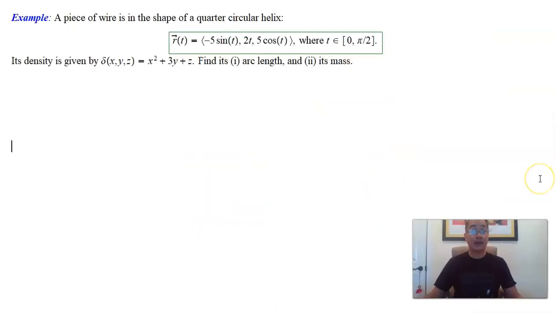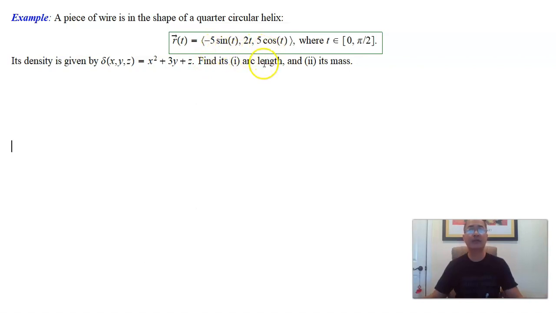All right, so here is our first problem. We have a piece of wire which is in the shape of a quarter circular helix. Okay, so here's a parametrization. I'm putting -5 sine t for x, 2t for y, 5 cosine t for z. Okay, so usually the cosine is on the x, the sine is on the y.